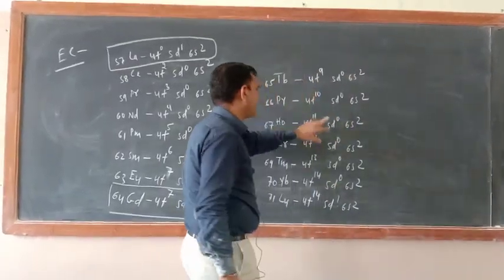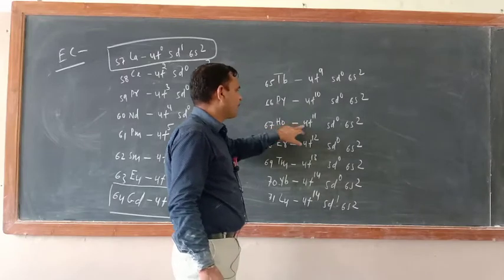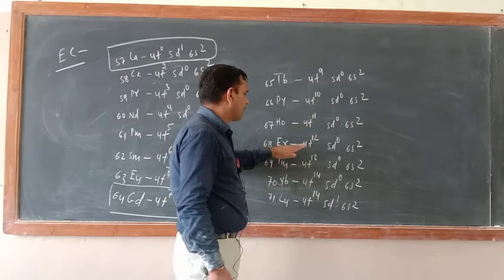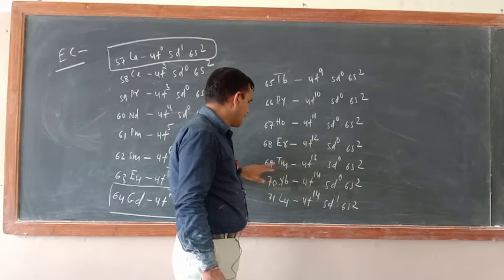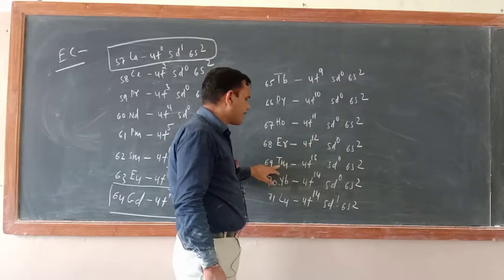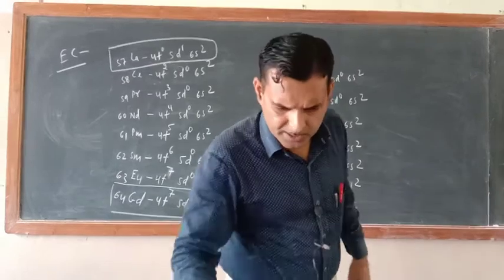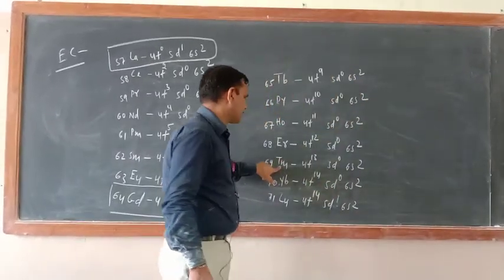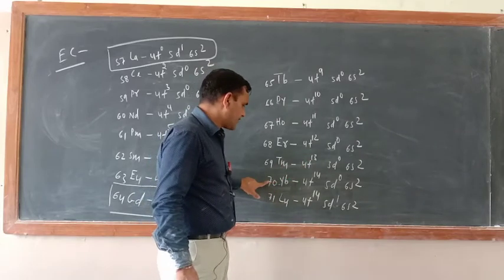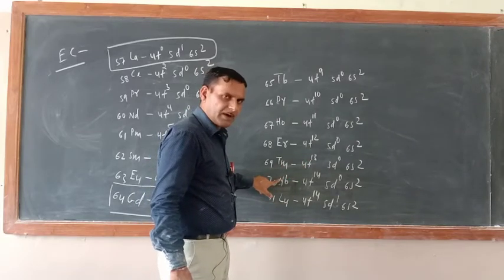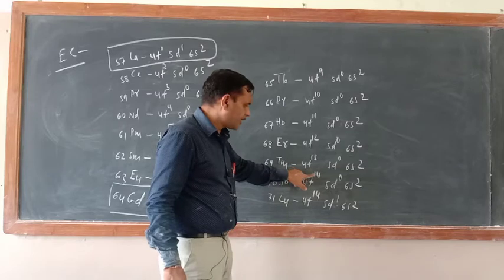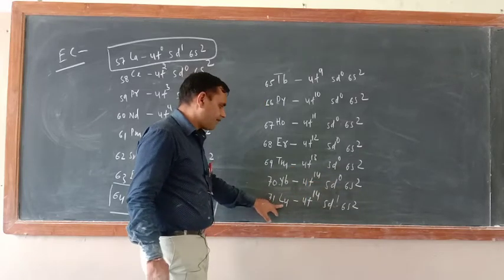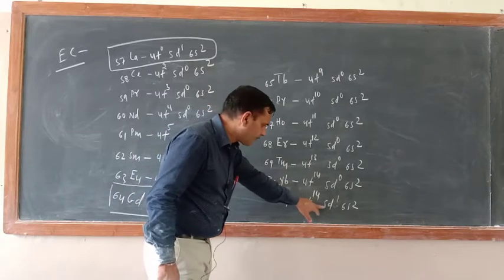This is 4f10. Holmium 4f11. Now erbium 4f12. Thulium 4f13. Now just see, ytterbium, Yb, 4f14, 5d0. Now the last one is lutetium, that is 4f14 5d1.